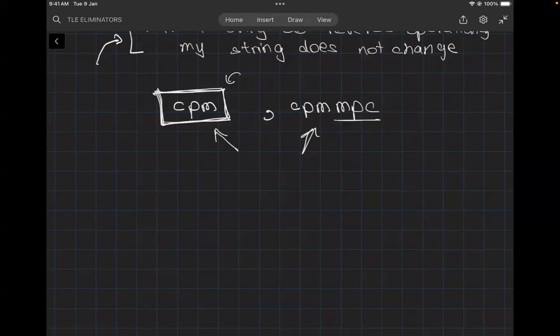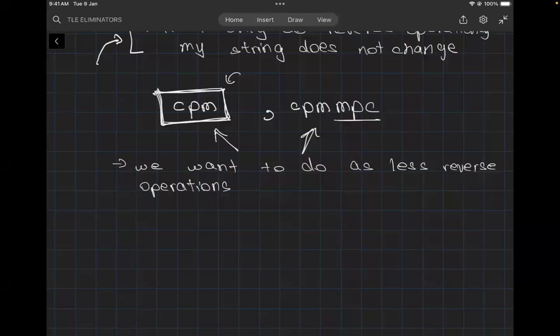What I'm trying to say is, we want to do as few reverse operations as possible. Is this much clear, guys? Put a yes in the chat if this is clear.